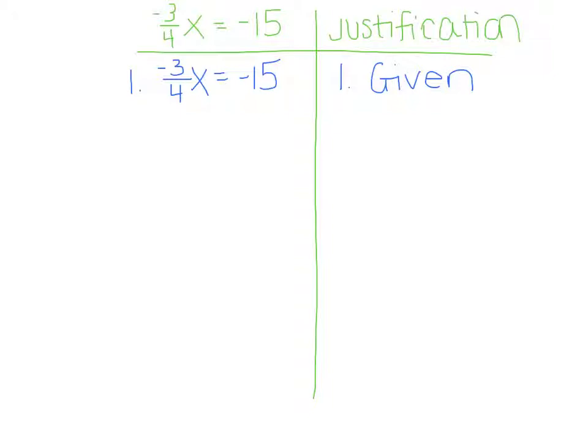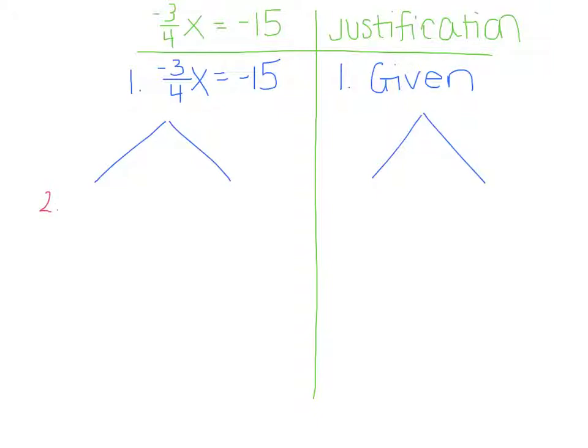Alright, our next step. There's 2 ways to do this. I'm going to write it in 2 different colors because I want you to see that either way works, but they use different properties. So the first way would be, since I have this 4 in the denominator, to multiply both sides by 4.